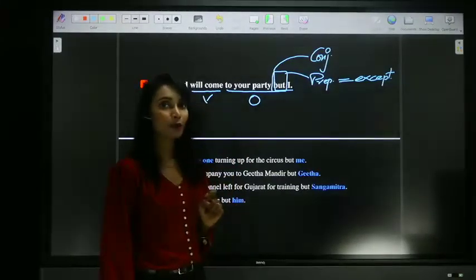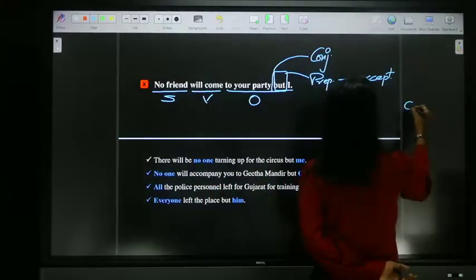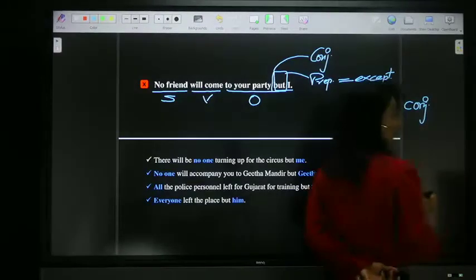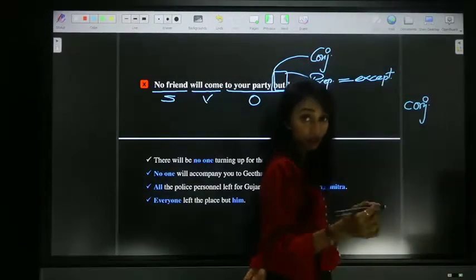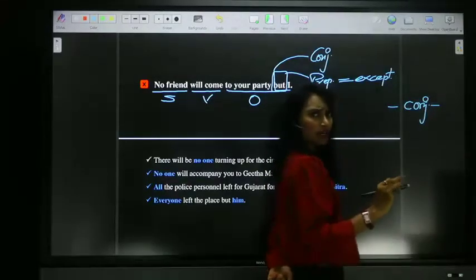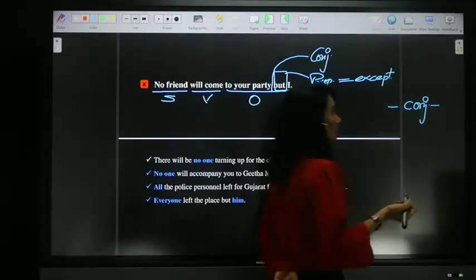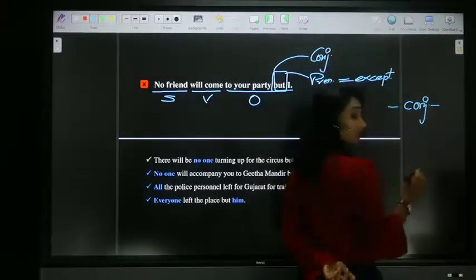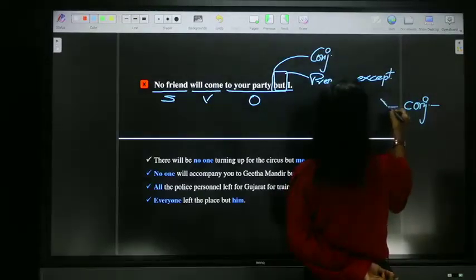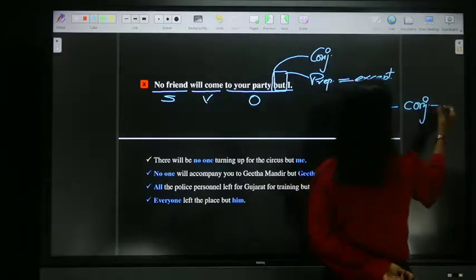Right? Now, I'll give you a thumb rule. Whenever you're connecting two nouns or clauses or sentences or phrases, you use a conjunction. Suppose you're connecting two nouns. Nouns can be replaced by pronouns. So when you're connecting two pronouns with a conjunction, the pronouns can be either in subjective case or in objective case.